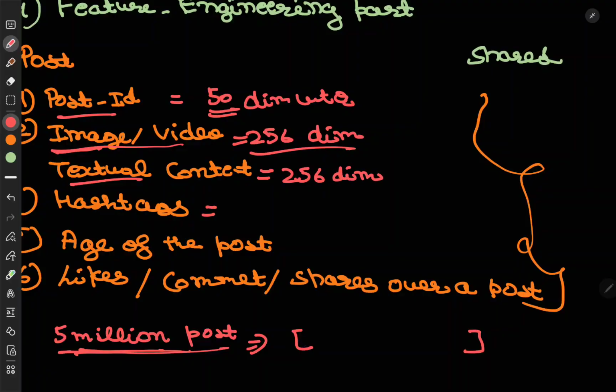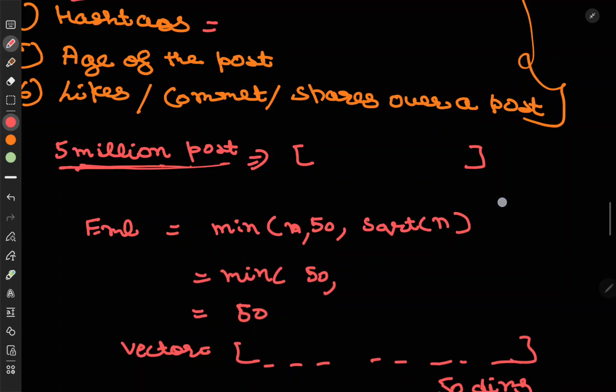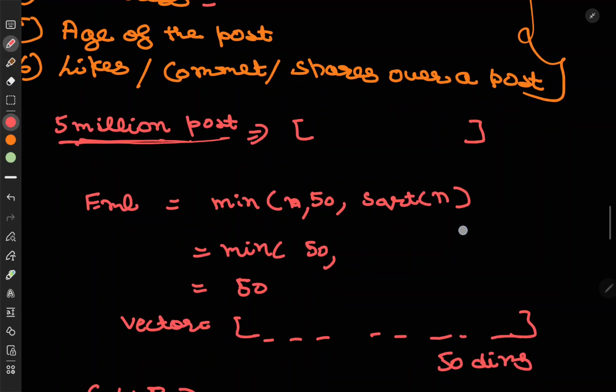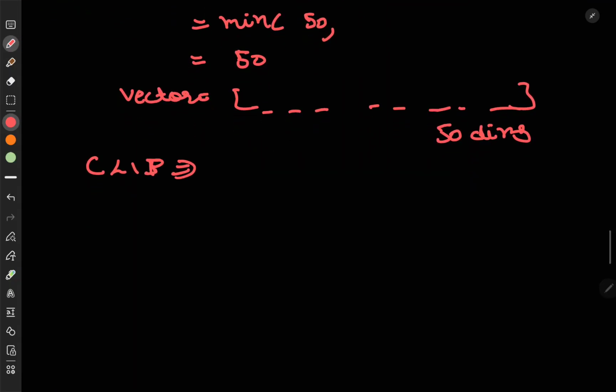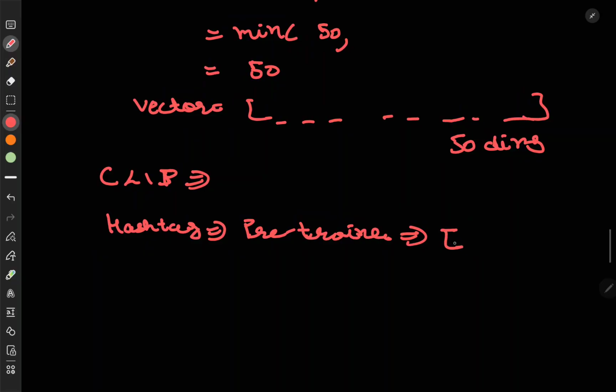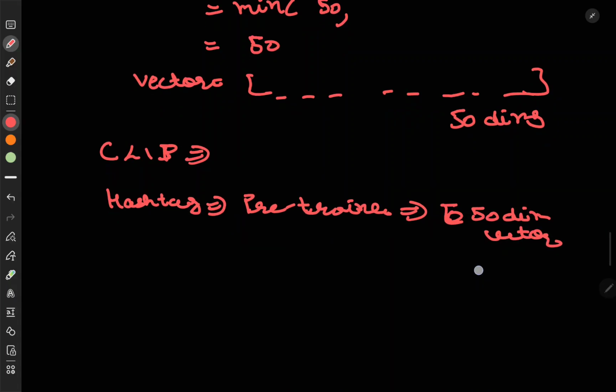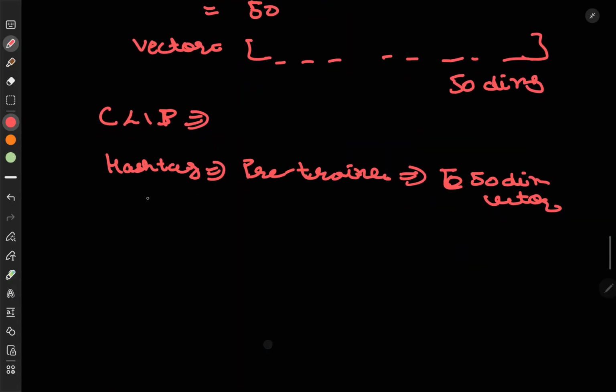Now coming to the hashtags. There could be multiple hashtags present in the post, right? So what we can do is that each hashtag could be passed through a pre-trained model like GPT-2 or BERT and converted into a 50 dim vector. And then we can take the average of all of them.